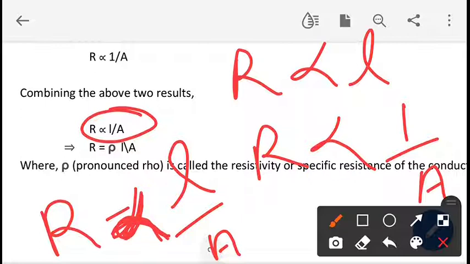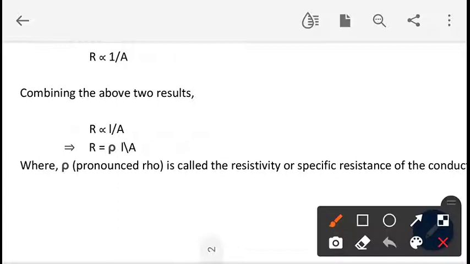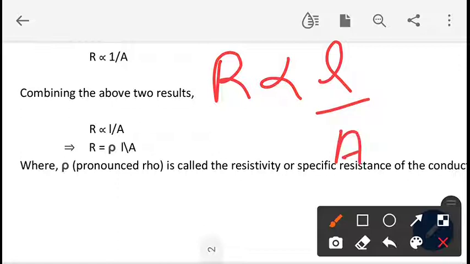So keep in your mind that if we combine both relations, we get resistance directly proportional to length upon area.